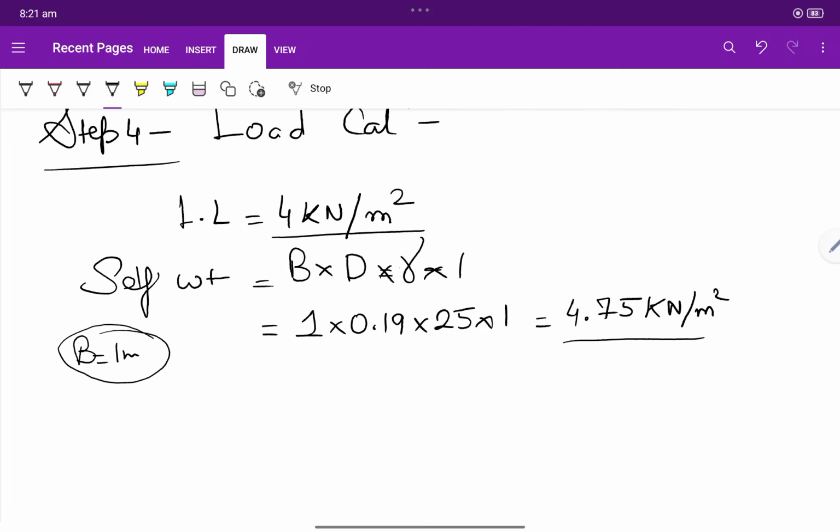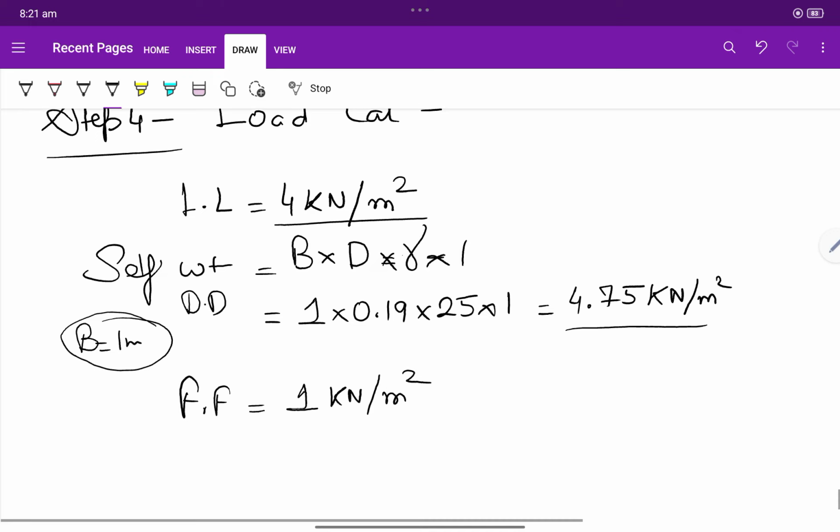We have calculated live load, we have calculated this as dead load, and now we have to calculate floor finish. Floor finish we assume at 1 kilonewton per meter square.